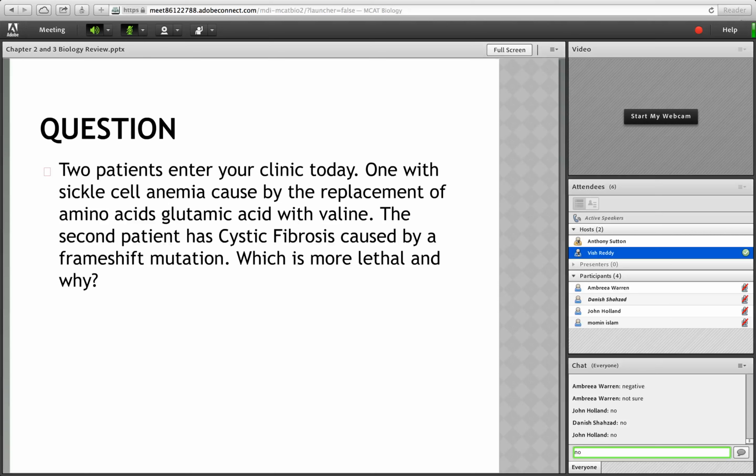I have two people saying no. So no, they're not testing you on that. If you know that's not what they're testing you on, you can develop your concept from this information. Okay, good, perfect, John.